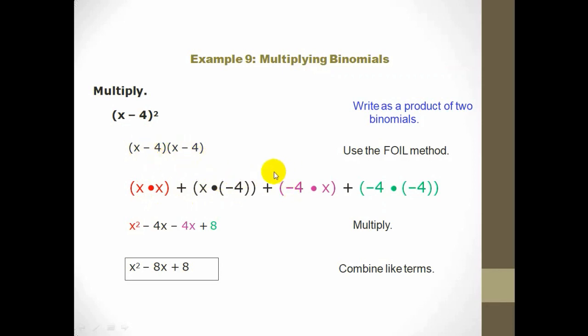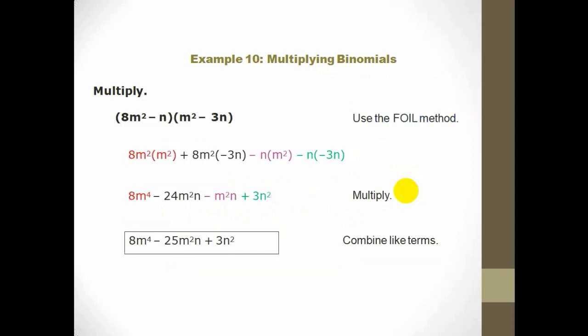Multiply the last terms, minus 4 and minus 4. And so we get, after multiplication, x square minus 4x minus 4x, and minus 4 dot minus 4 is 16. So we can write x square minus 8x plus 16.